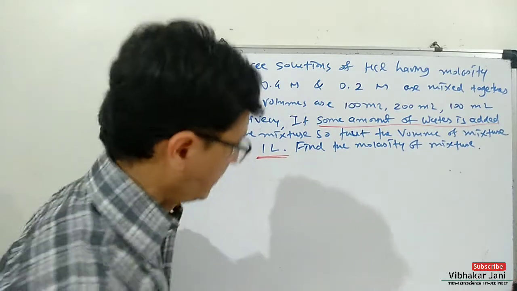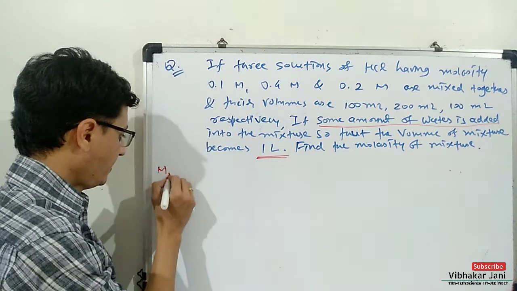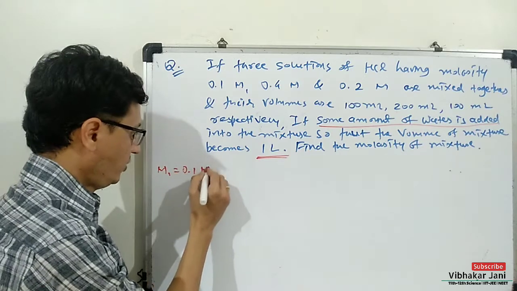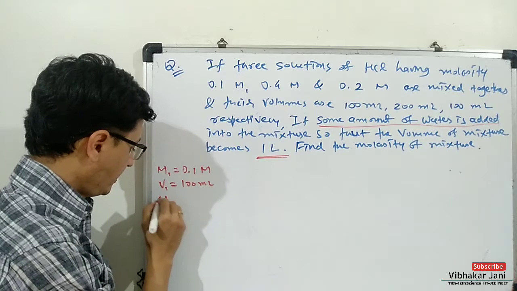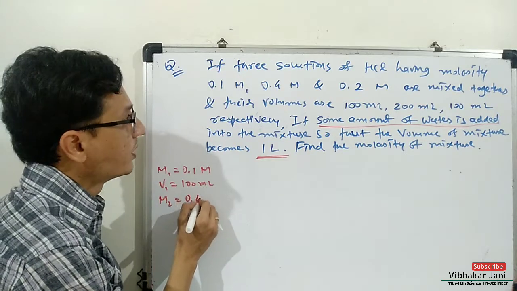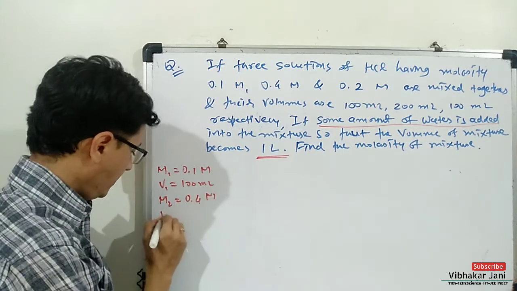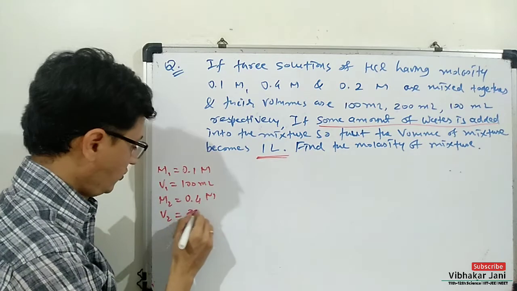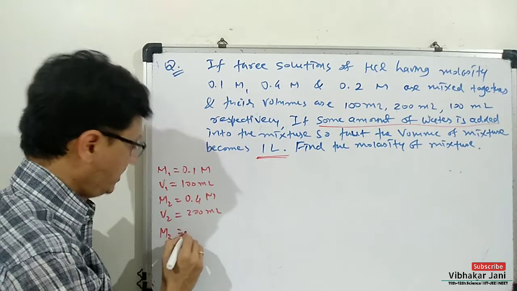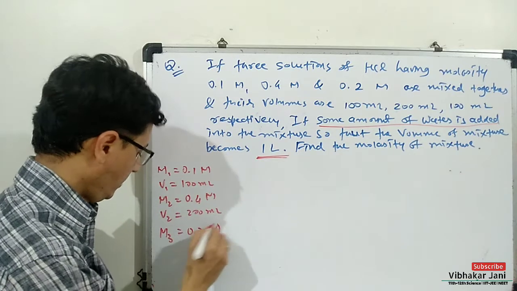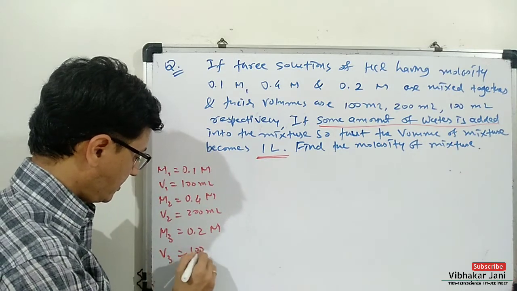So here, if you write the data, M1 is 0.1 molar and V1 is 100 ml, M2 is 0.4 molar, V2 is 200 ml, M3 is 0.2 molar, V3 is 100 ml.